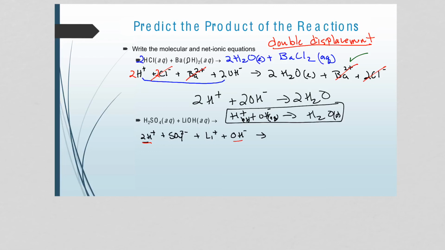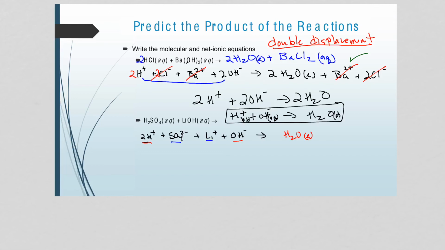And again, just like we've seen in all of these, one of the products is going to be water, right? So we're going to generate water, and we know that's going to be a liquid. The second compound, I'm going to combine the negative ion from the first one with the positive ion from the second one. So we got the lithium sulfate. So we need 2 lithiums to match up with my sulfate.